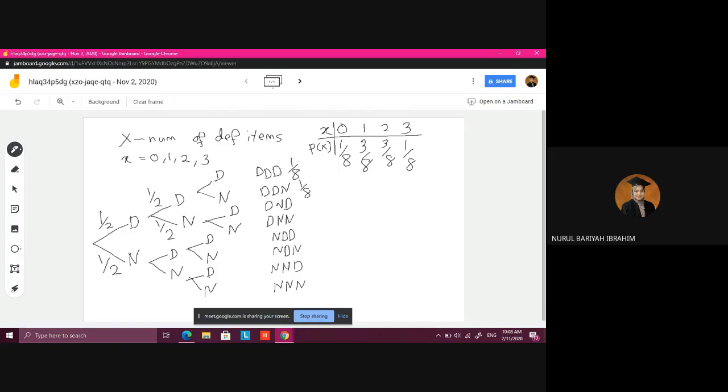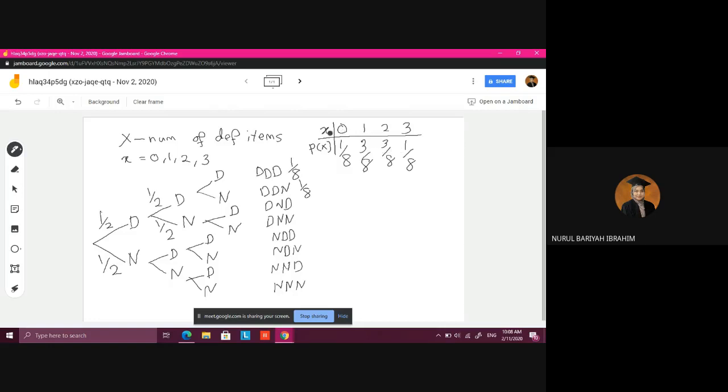So ini adalah dinamakan probability distribution for discrete. Okay, so means that once we want to create the probability distribution untuk discrete, this is the gambarannya macam mana untuk you create the probability distribution that we need to determine the possible outcome, and then to find the probability for each possible outcome.